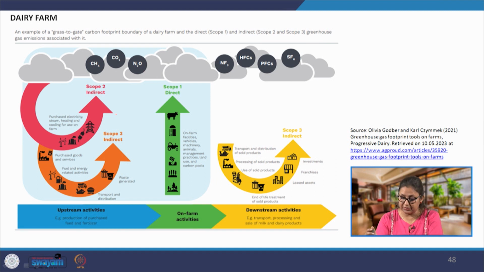This is for a dairy farm, and this is a grass to gate carbon footprint kind of boundary, where a farm has multiple different types of components which are put together. So, there is farming which is happening on the farm.